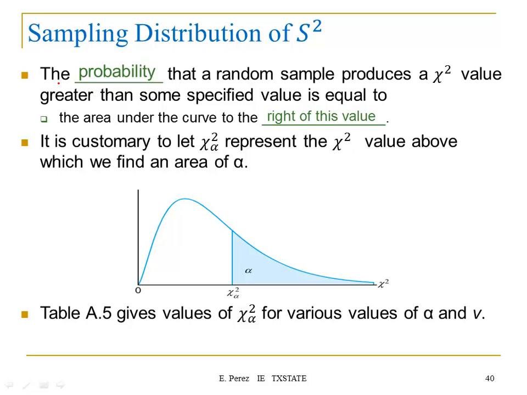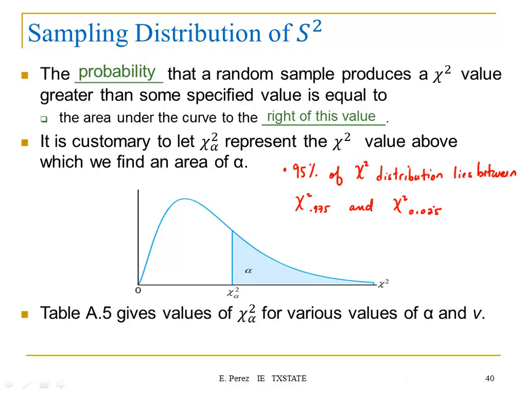Okay, so for the chi-square, there's something else that we need to add here. 95% of the chi-square distribution lies between chi-square 0.975 and chi-square 0.025.